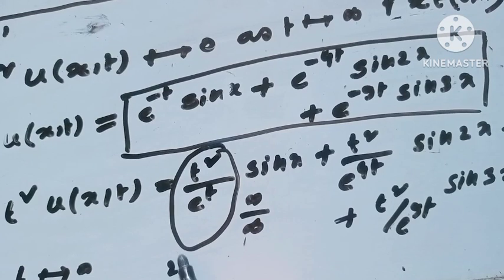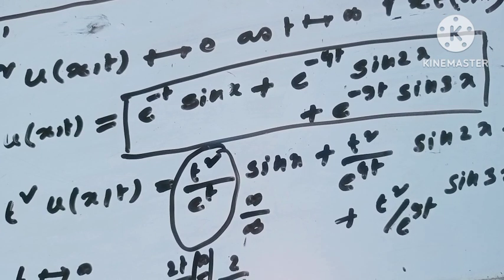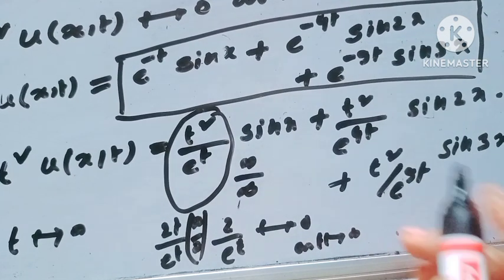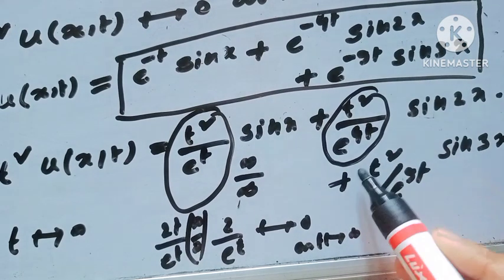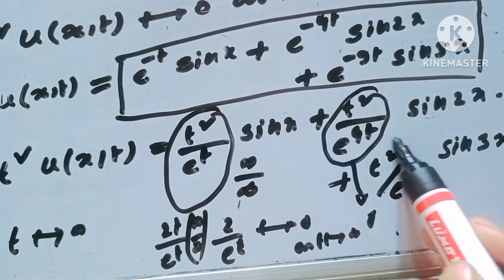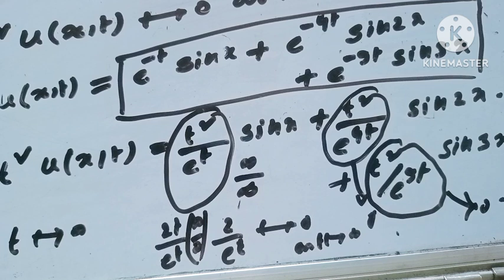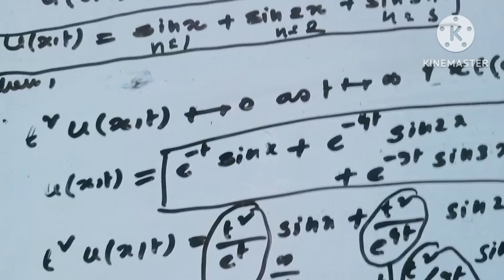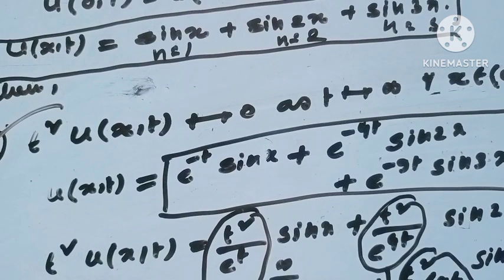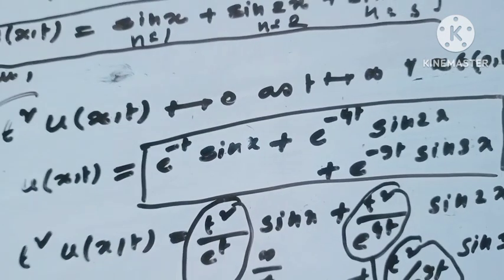First this becomes 2t/e^t, then applying L'Hospital's rule again, 2/e^t, and as t goes to infinity this tends to 0. Similarly, applying L'Hospital's rule to the others, they also tend to 0. So t² u(x,t) tends to 0 as t tends to infinity. Option 2 is also a right option. I hope all my viewers have understood.